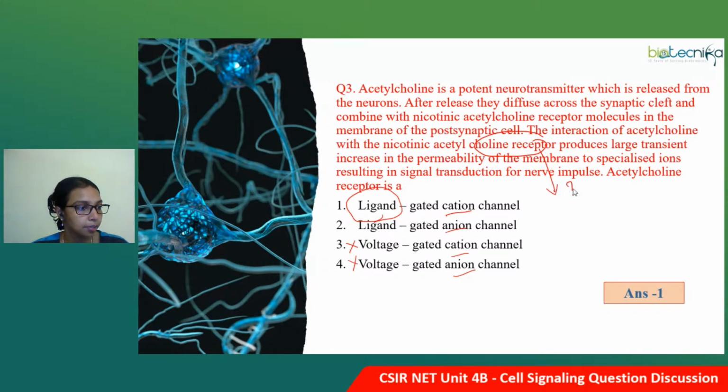Can anyone say? Structure of acetylcholine receptor. 3 forms, absolutely correct. What are the 3 forms of this receptor? Yes, absolutely correct, Shakti. So here is the image for you.